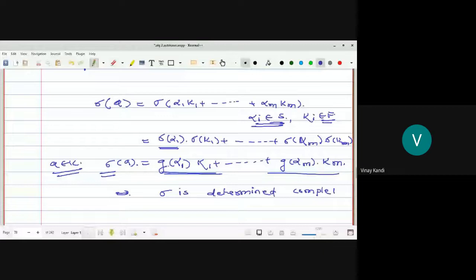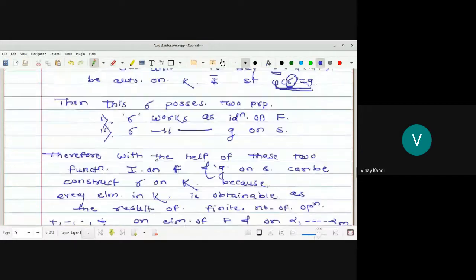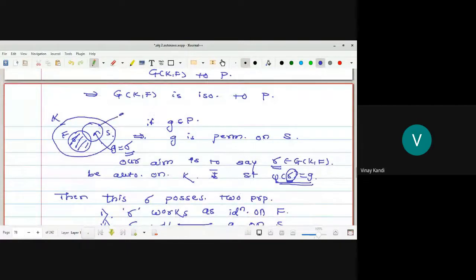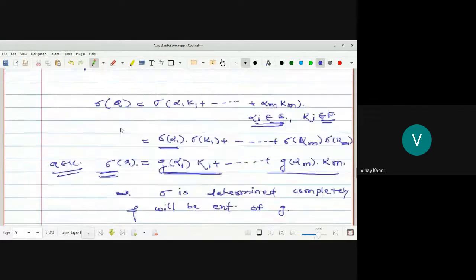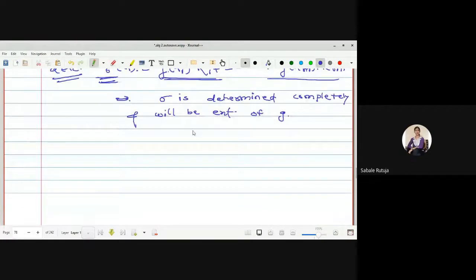And sigma will be an extension of G, and this sigma is an extension of this G on the whole field K. Is it correct? This is determined completely.